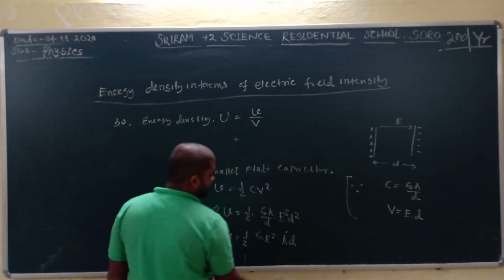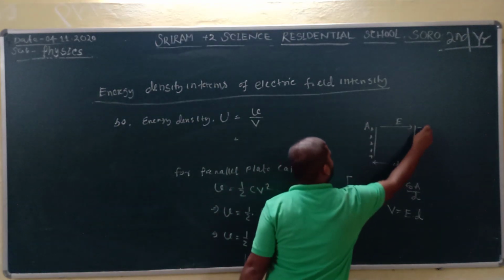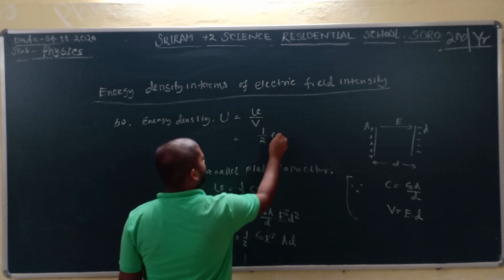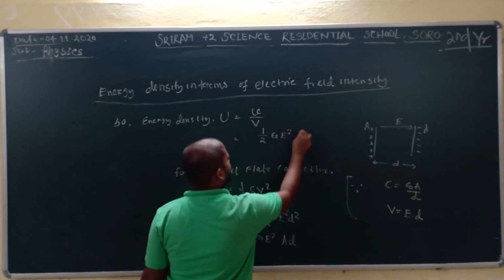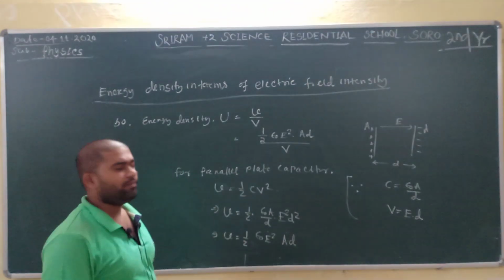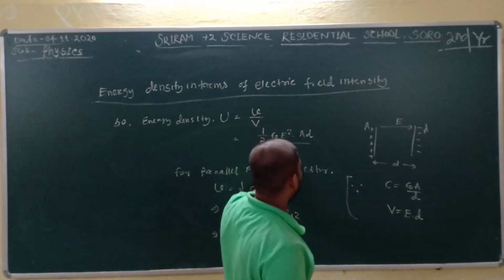What is A? A is the area of the plate. What is d? d is the distance between the plates. So one by two epsilon naught E square A d divided by volume.